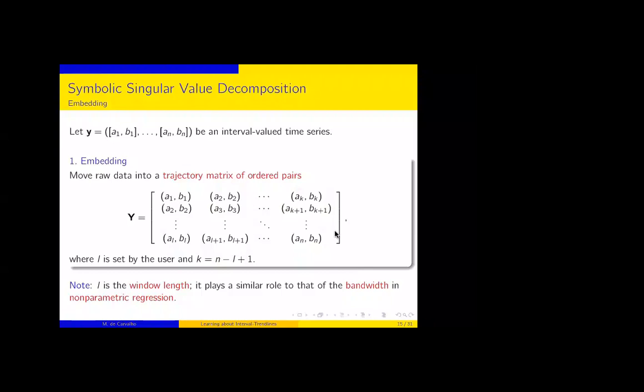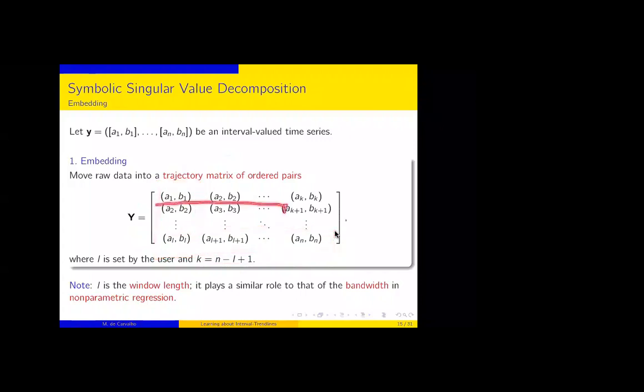Some terminology: L is the window length, as I mentioned earlier, which is very similar in role to what is known as the bandwidth. So think of it as a bandwidth, just a smoothing parameter. So we have this matrix of ordered pairs, and note that the raw data is just contained in here.